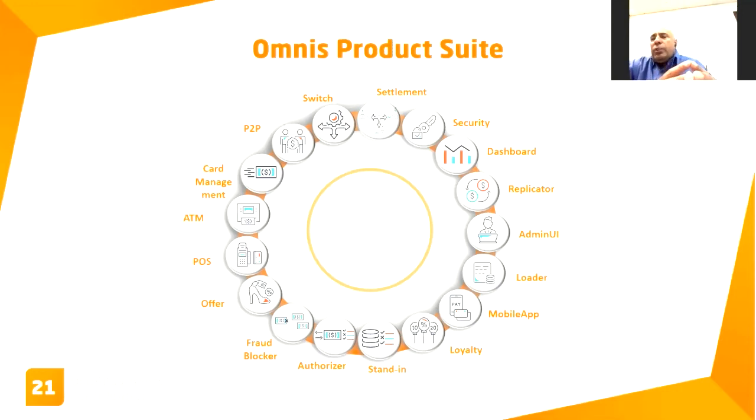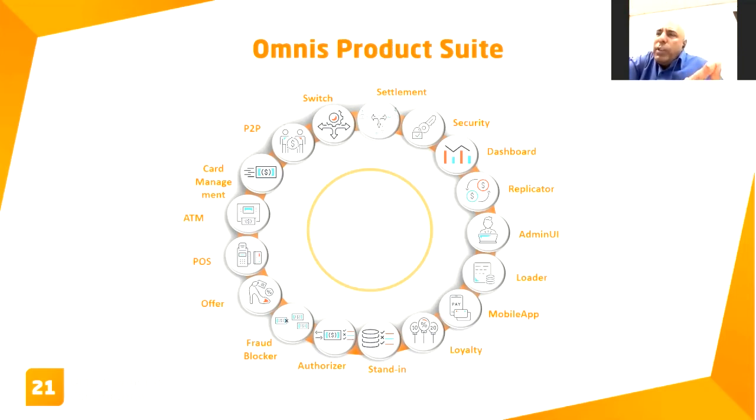Then as you go through the circle, you will find that we have the ATM and POS drivers. OmniPayments can support full-blown ATM and POS driving. We have the card management solution. The card management solution is used for multiple customers. It can be used for credit, debit, and prepaid cards. And then as you go through the rest of the circle, you find different operations, utilities, and tools on the right-hand side.